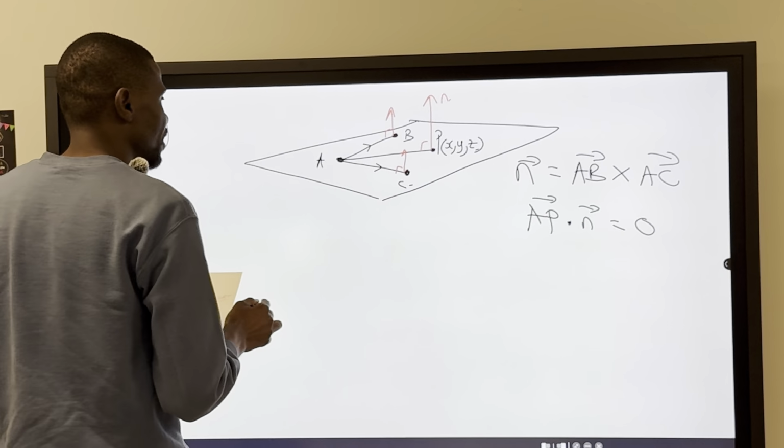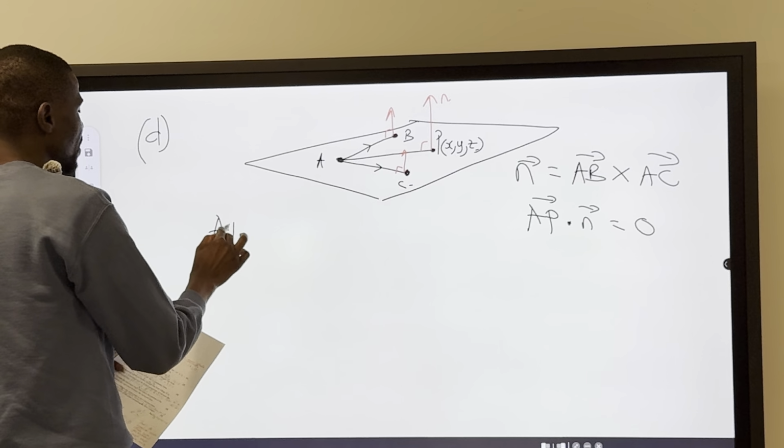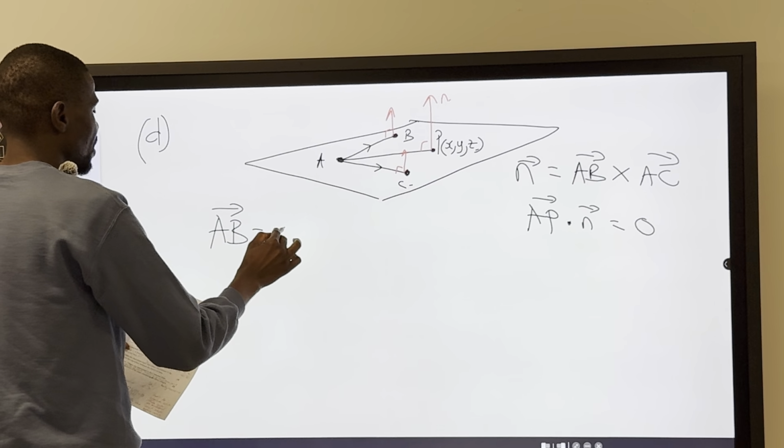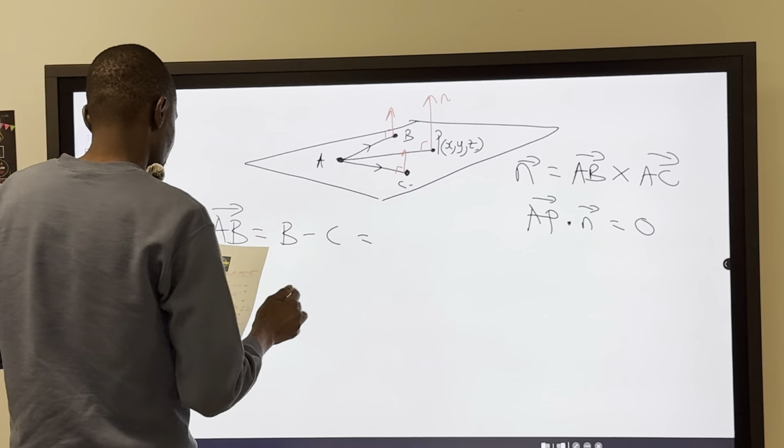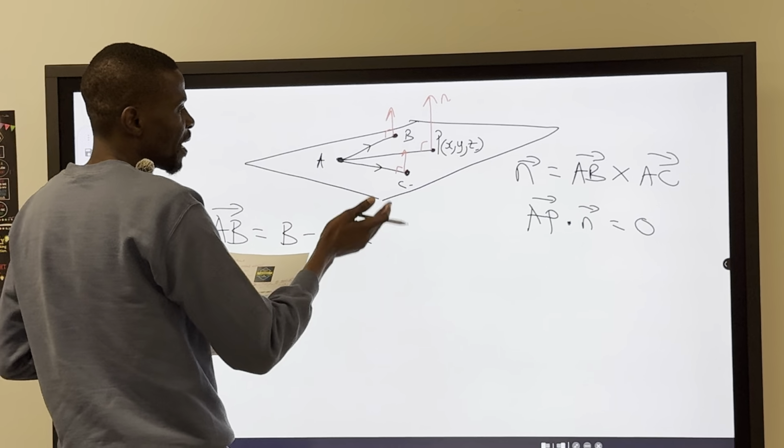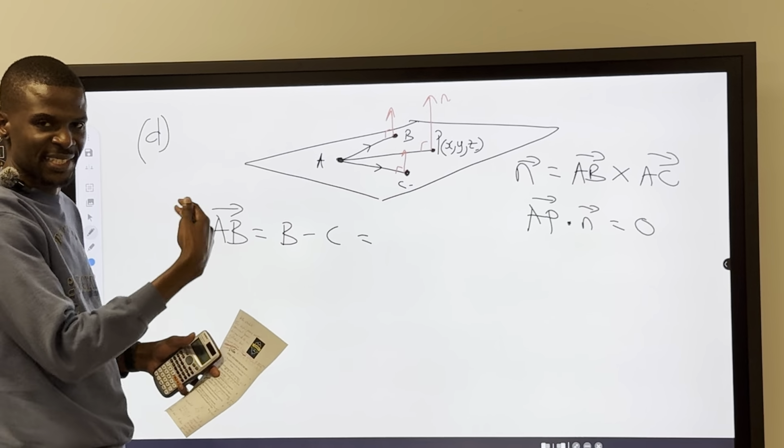So let's go ahead and calculate vector AB. We calculated that vector above, but let's just do it.